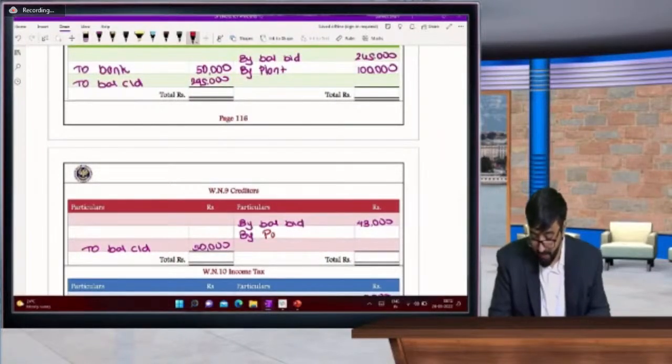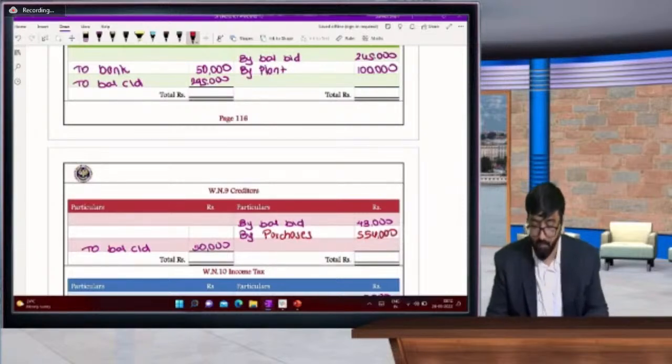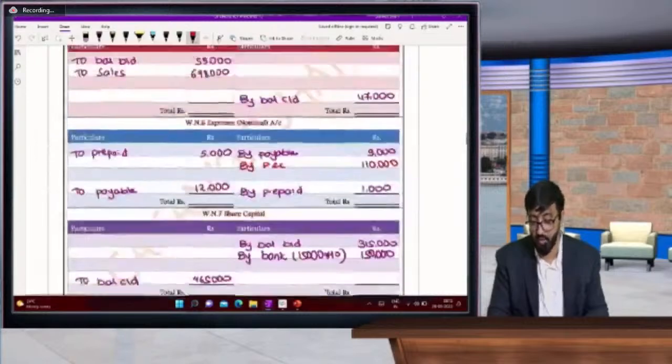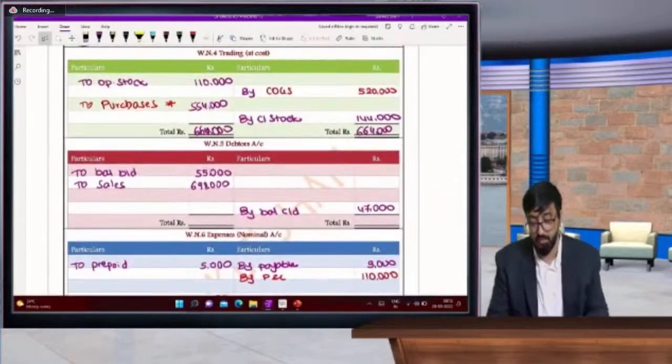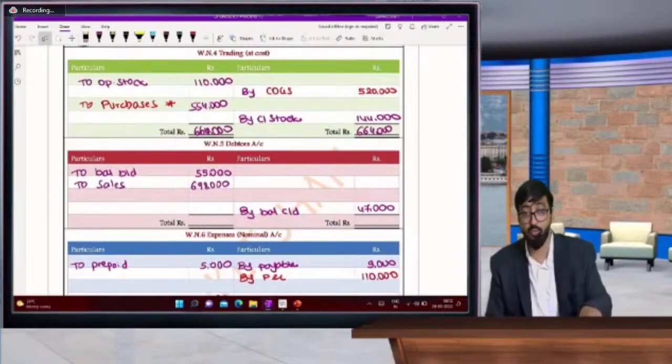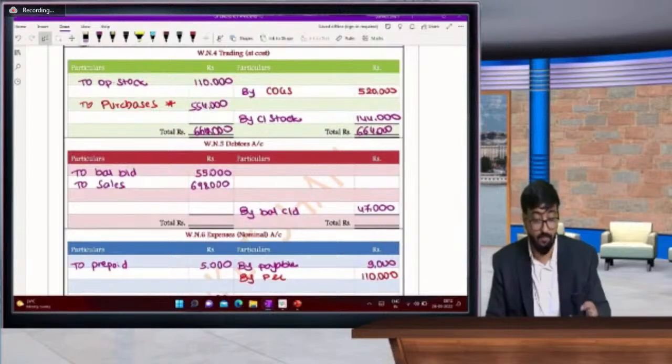Second effect: by purchases 5,54,000. So trading account balancing figure. Please give star marks for balancing figure 5,54,000. Today I was very slow because last time I was very fast for indirect method.